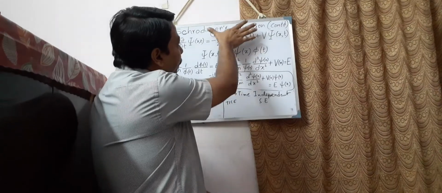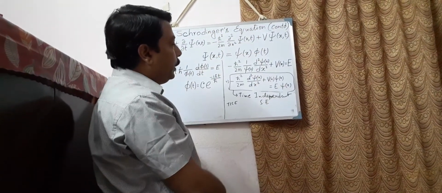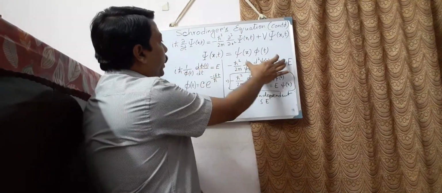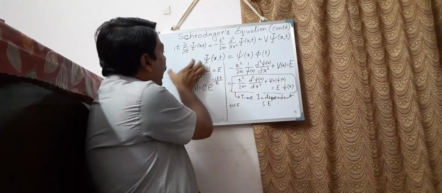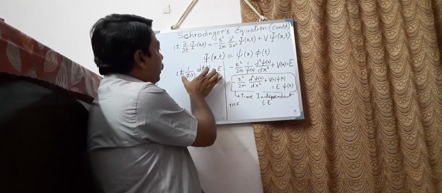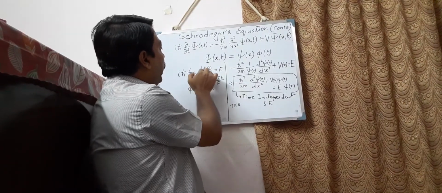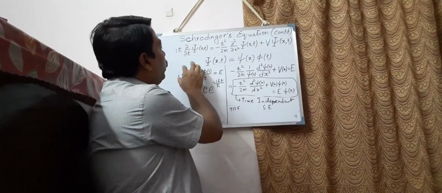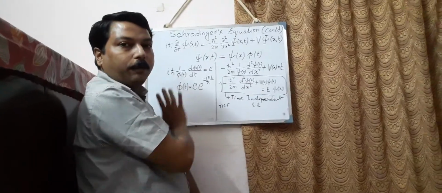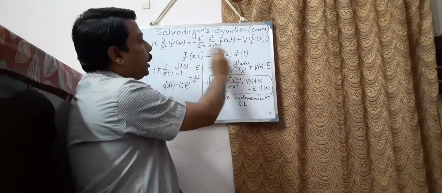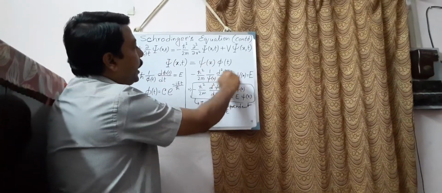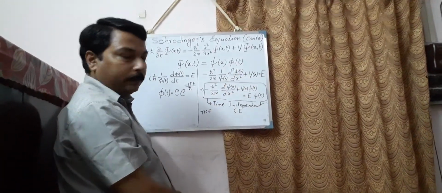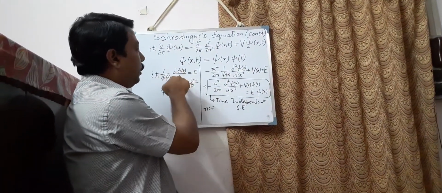Now, when we applied the method of separation of variables, we ended up with these two separate equations. On the time part of this equation, containing this phi t, we do not have the potential function V. The potential exists only on this psi x part of the equation. It does not appear here.